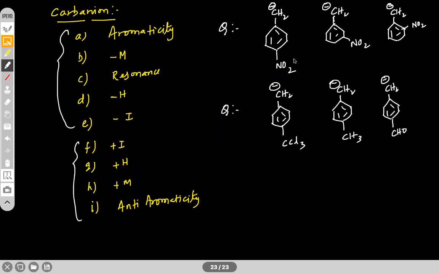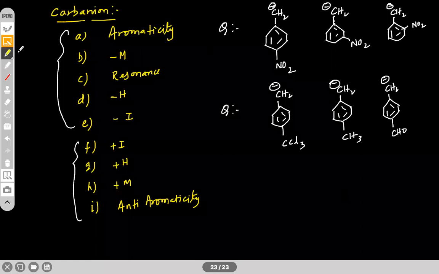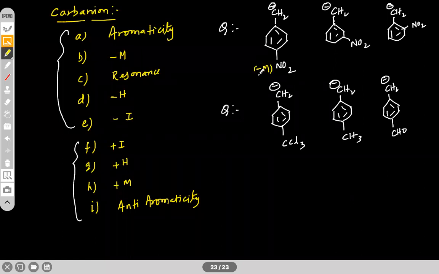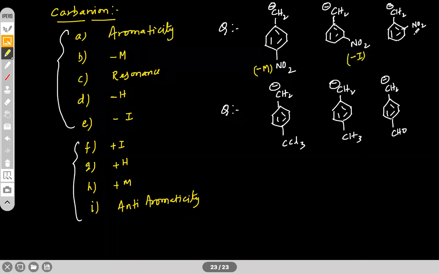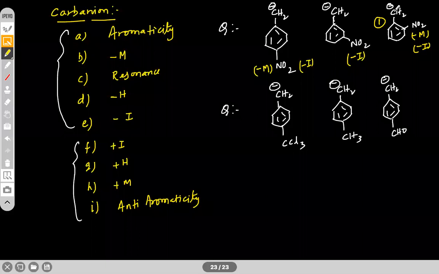Okay. So what effect we have here? NO2, minus M. Here we have minus I and minus M. So along with minus M, we have minus I also here, and here also minus I. So minus I is more effective at this position. So this is the most stable one, first, second, and this is third.